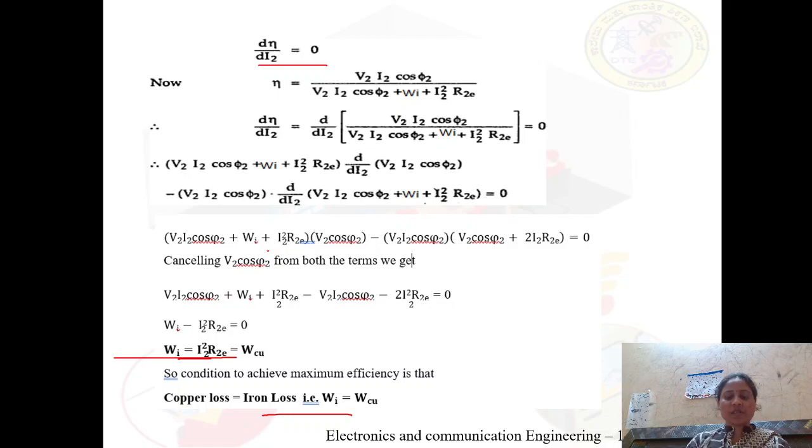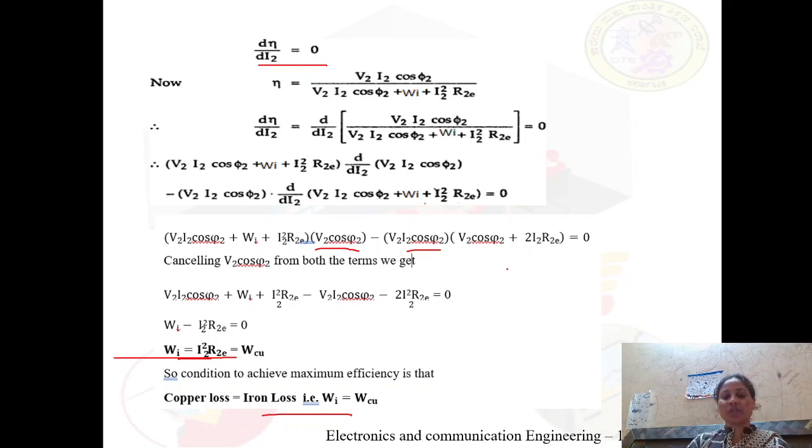Let us first take V into the differentiation of U. Differentiating with respect to I2, it is V2 into cos phi 2, minus U, that is V2 I2 cos phi 2, into the differentiation of V, that is V2 cos phi 2 plus, Wi being constant gives 0, and I2 square gives 2 I2 into R2E, the whole divided by V square.